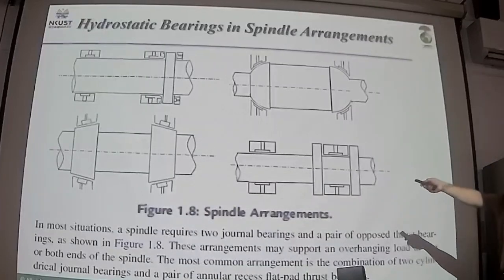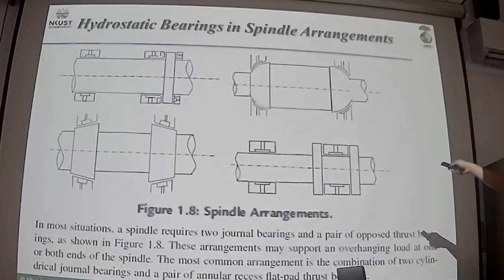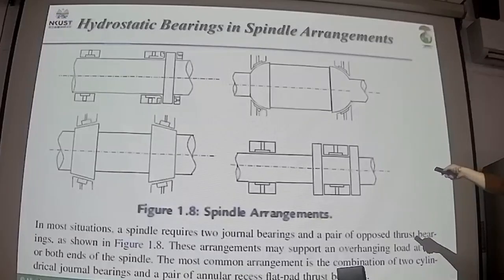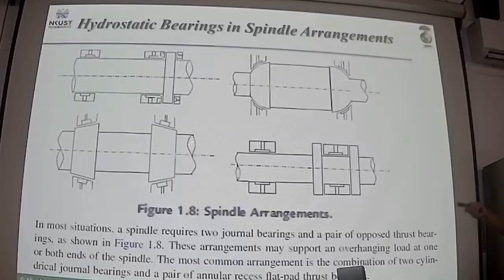And for the spherical bearing, you need a 5-axis machine. So the production cost for these two spindles will be higher than the traditional spindle.